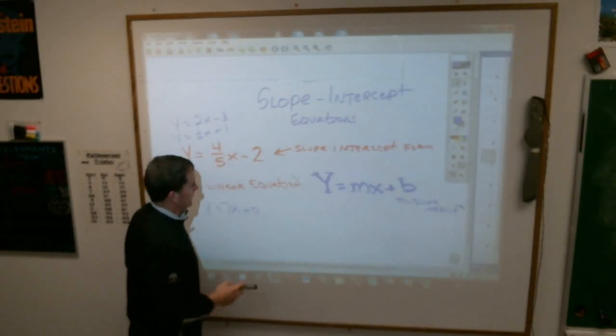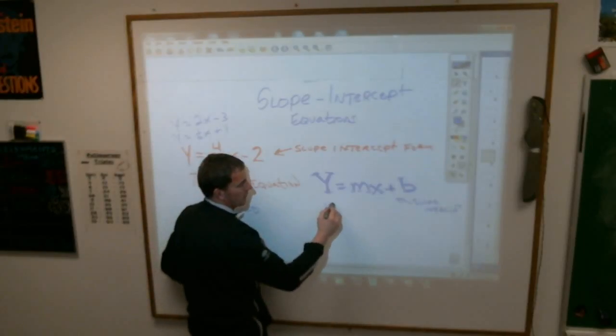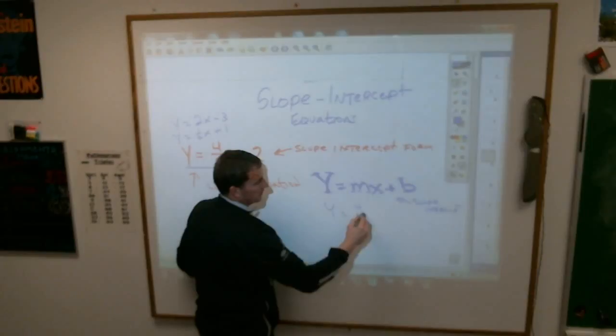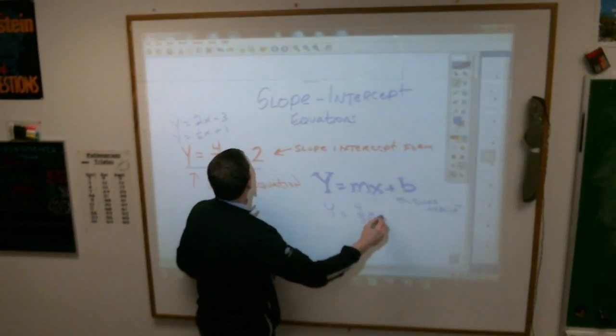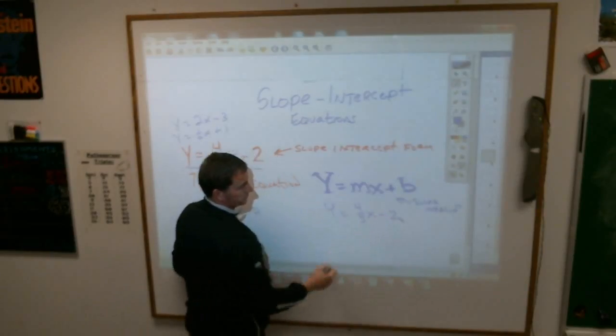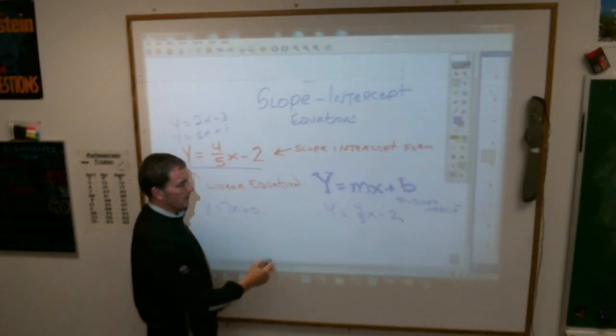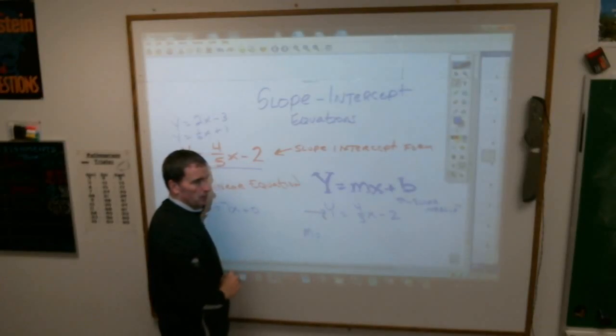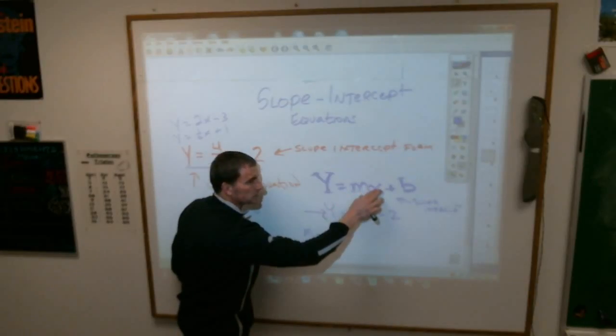So if that's the case, take a look. I'm going to use this equation right here: y equals 4/5 x plus, I'm sorry, it's minus 2. If I asked you what the letter m was in this equation, what would the letter m be? Notice how the letter m is in front of the x.